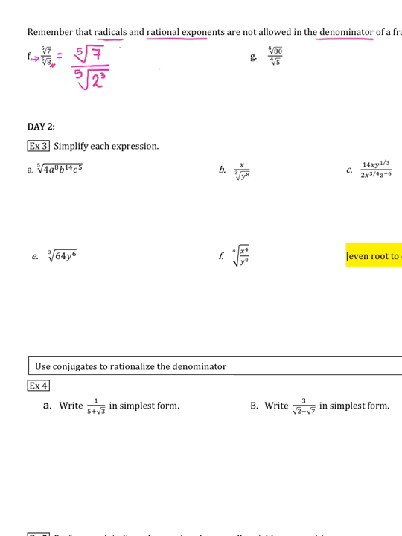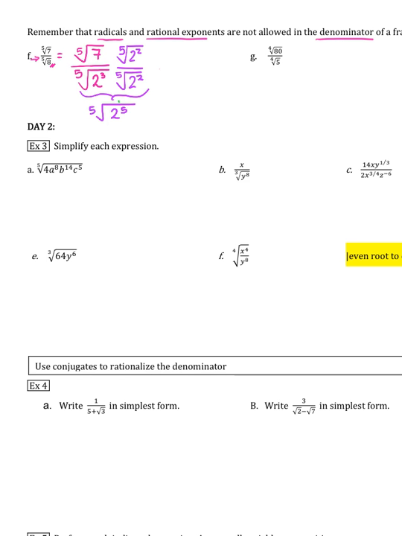So I'm going to multiply the top and bottom by the 5th root of 2 squared. The reason we do that is now I can utilize my property of exponents that says I add the exponents when I'm multiplying the base. So this is the 5th root of 2 to the 5th.